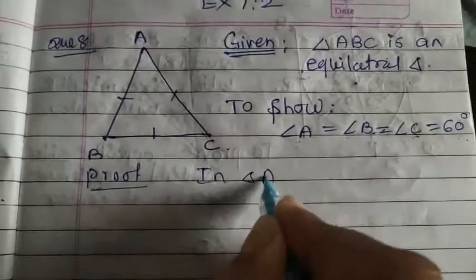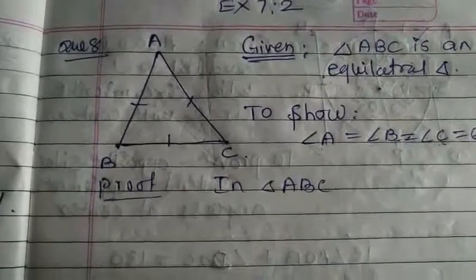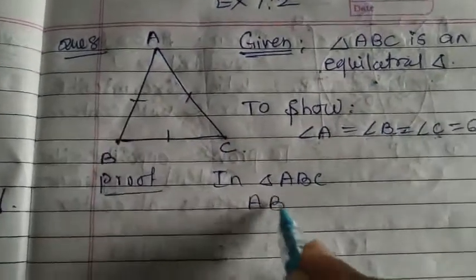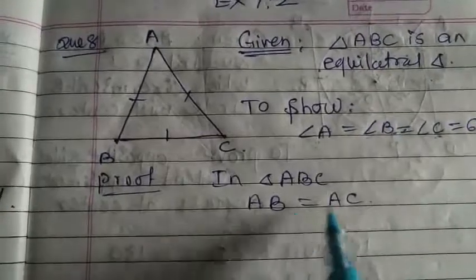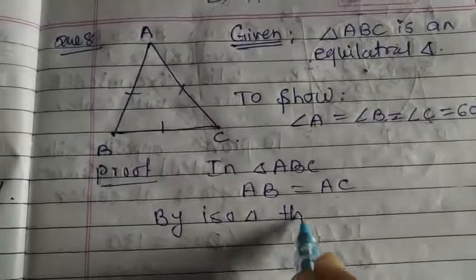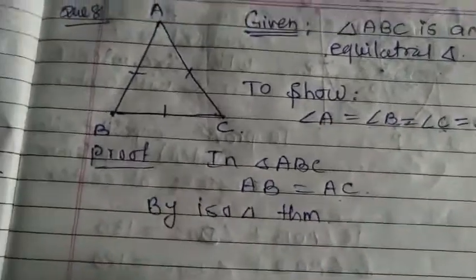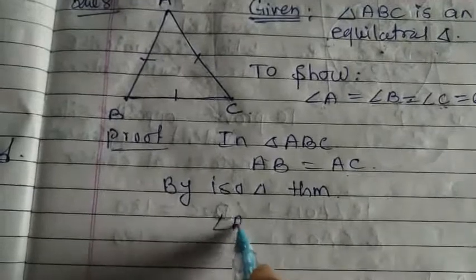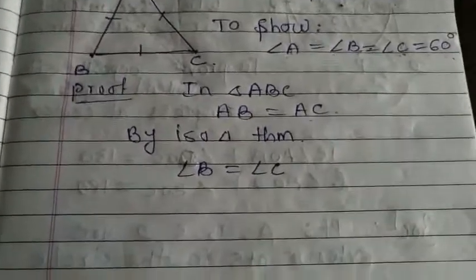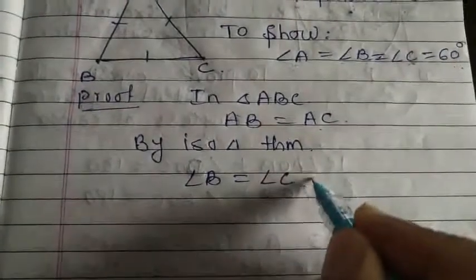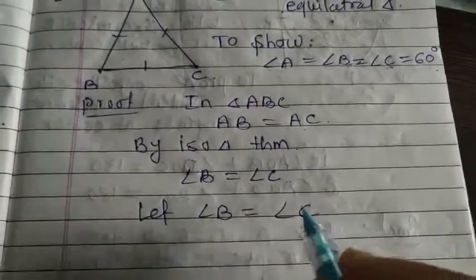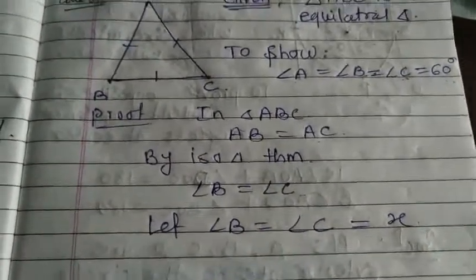In triangle ABC, we know that all three sides are equal, but we first consider AB and AC. AB is equals to AC. If these two sides are equal, then by the isosceles triangle theorem, angles opposite to these sides are equal, means angle B is equals to angle C. And let angle B is equals to angle C is equals to x.